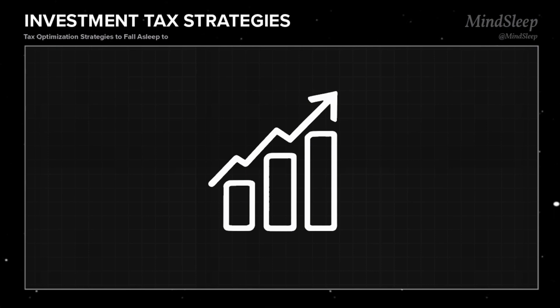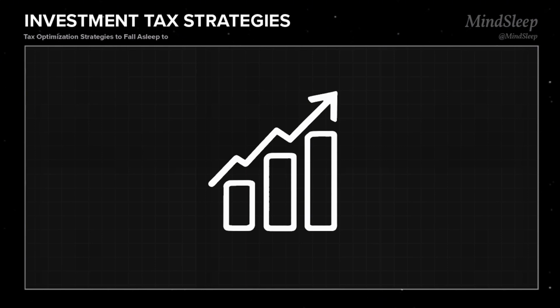Imagine, if you will, 2 identical investments, each purchased for $10,000 and sold for $15,000. The first, held for 11 months, might be subject to a tax rate of 32% if you're in a high tax bracket, resulting in a tax bill of $1,600.